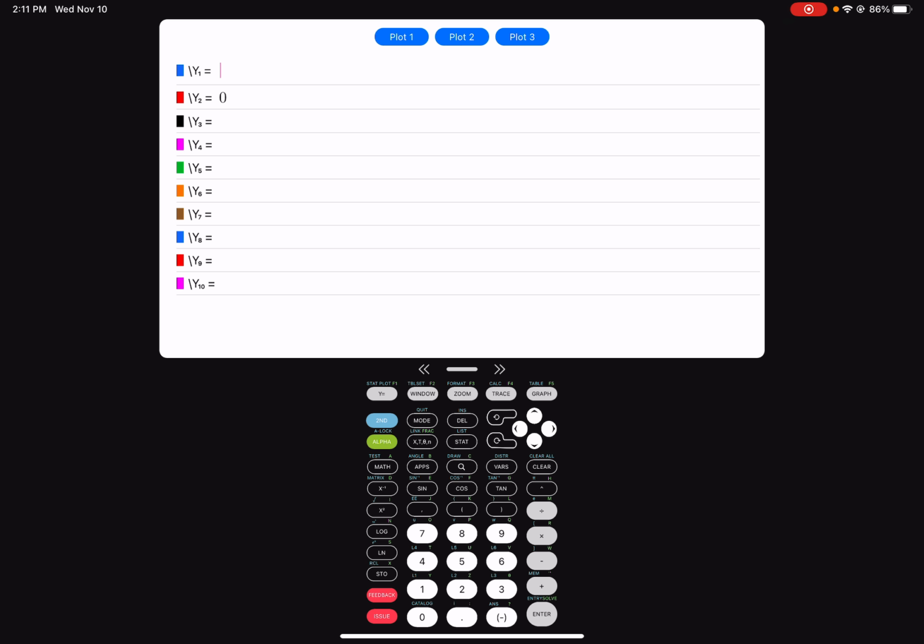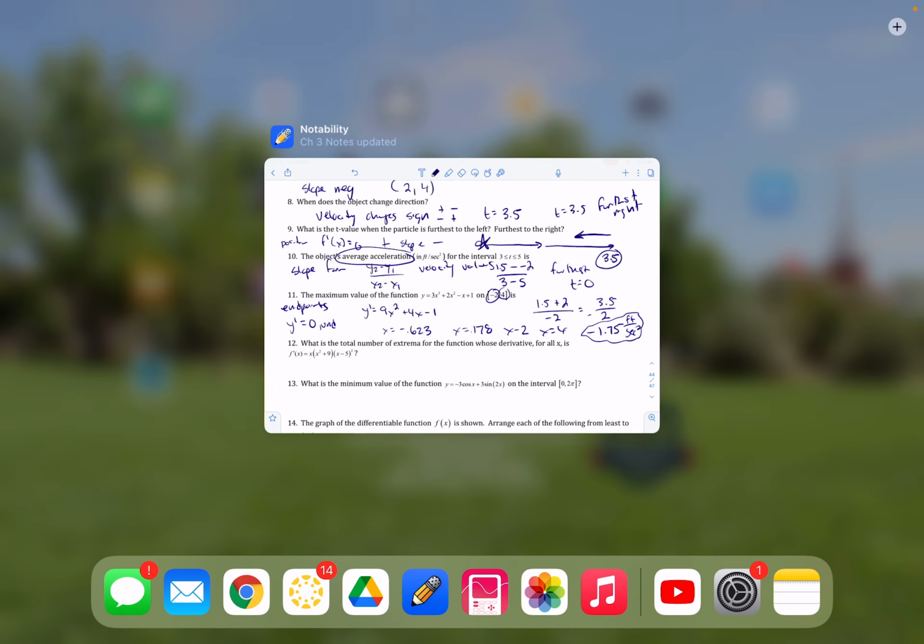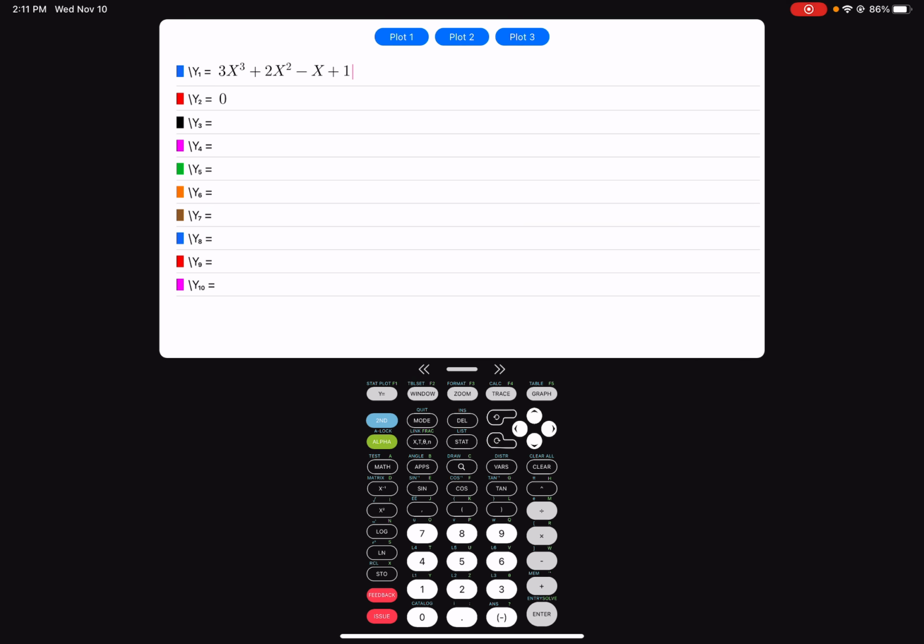So let's rewrite our original function real quick. 3x raised to the third power, and then it was plus 2x squared, and then it was minus x, and I think it was plus 1. Let's double check. Plus 1. Okay. Now I'm okay to use my table.